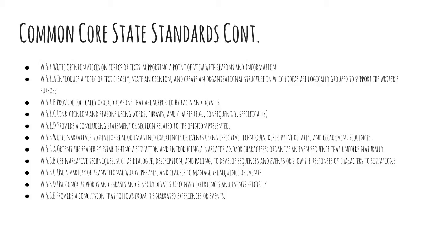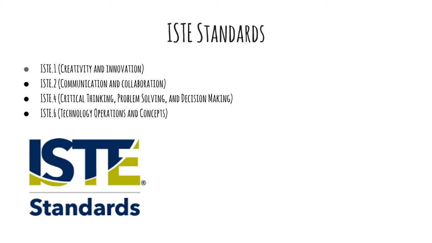Writing 5.3c, use a variety of transitional words, phrases, and clauses to manage the sequence of events. Writing 5.3d, use concrete words and phrases and sensory details to convey experiences and events precisely. And finally, writing 5.3e, provide a conclusion that follows from the narrated experiences or events.